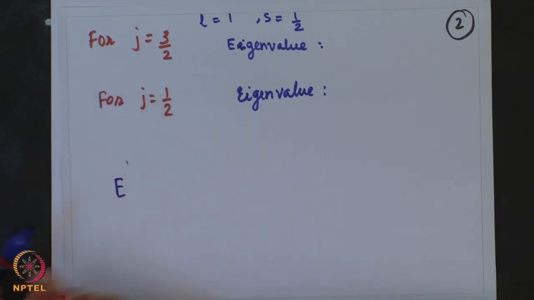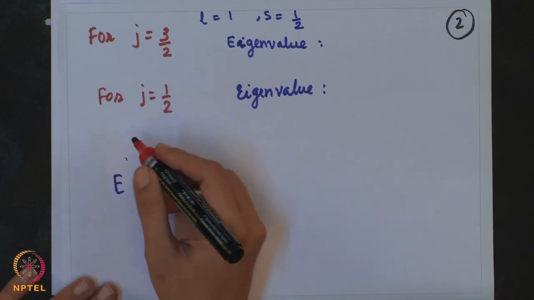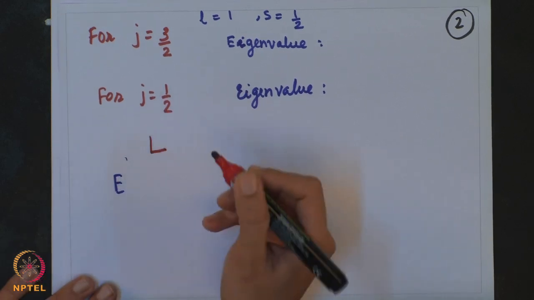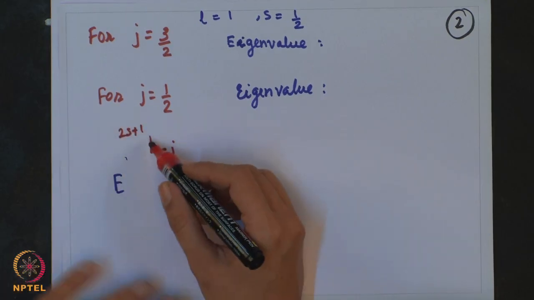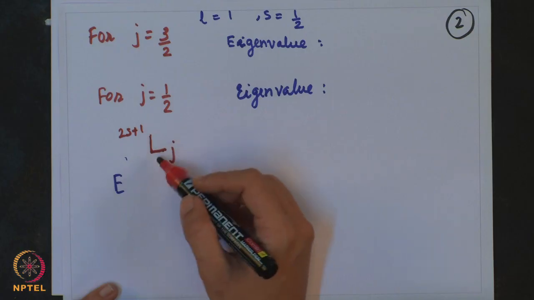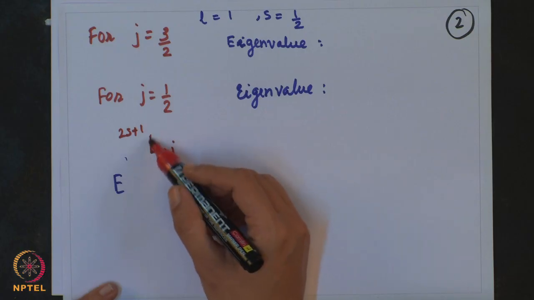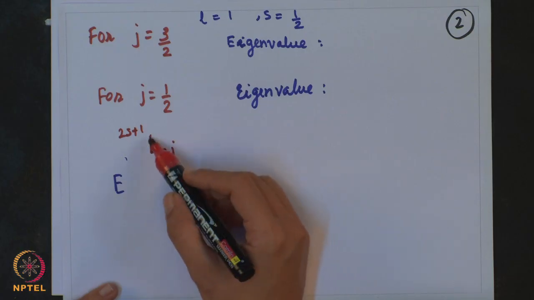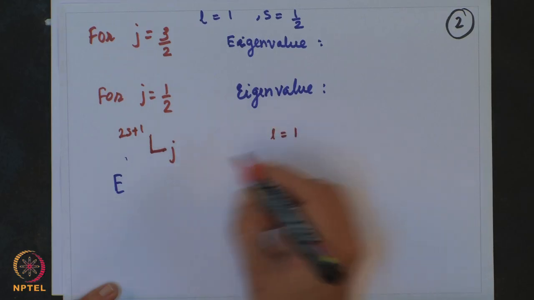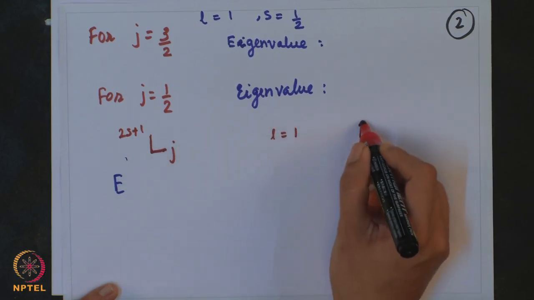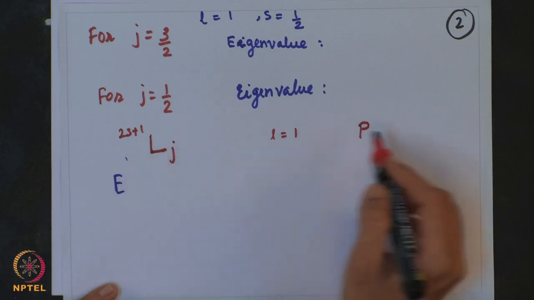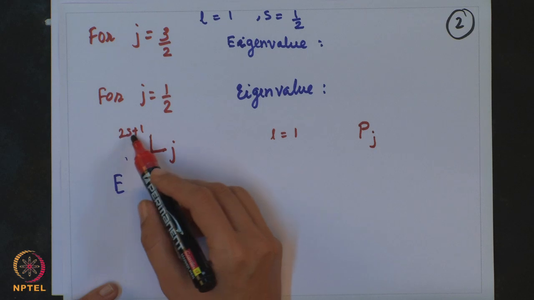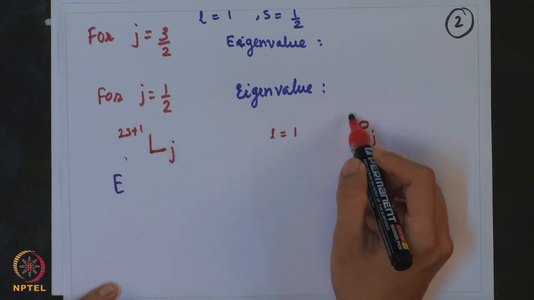Remember, before we go to that, the spectral notation you all might be aware that is written as 2S plus 1, L, J. L corresponds to the state whether it is a P wave, S wave, D wave, etc. So, for us L is equal to 1, so it is a P wave, so you will have a P. Then for two different values of J, you will find out what is the J here, and 2S plus 1 in our case is 2, correct.